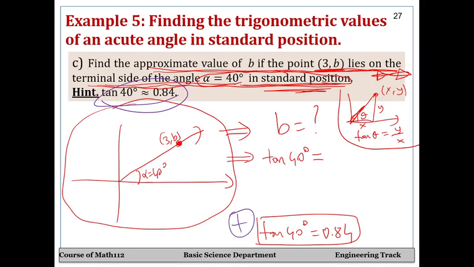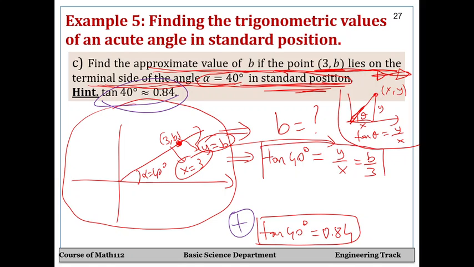And y and x here: x is 3, and y is b. Then you put them here, y over x, which is b over 3. Now we have tangent 40 in terms of b and tangent 40 from the hint, so we match them.